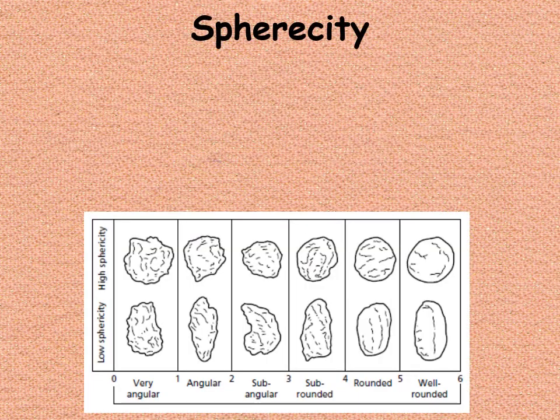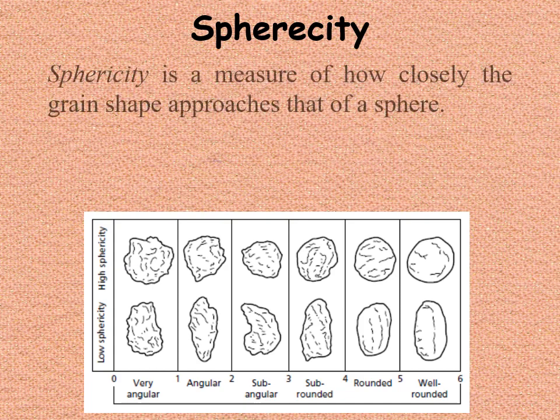Now the next term is sphericity. If we go to the previous slide, we previously taught roundness or angularity. Roundness and angularity, whatever you may call it, is determined in two-dimensional sections where two sides meet in a corner, and whether that corner is angular or smoothly curved, we call angularity or roundness.